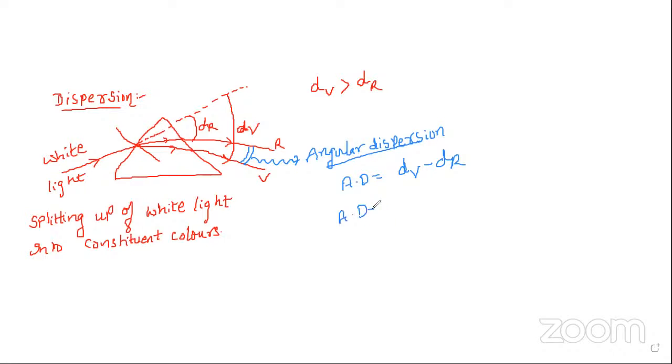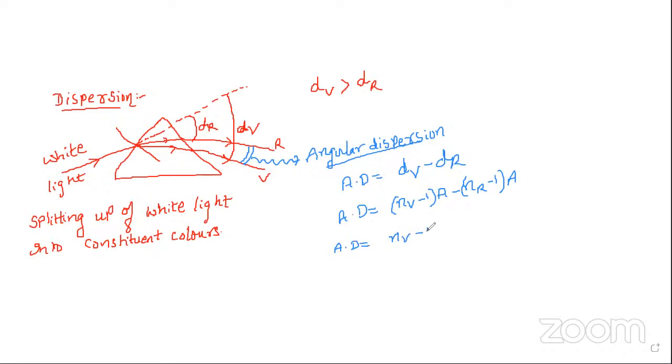What is the deviation for violet? (nV minus 1) into A. You know the deviation for a thin prism is given by (n minus 1) into A. What is the deviation for red color? (nR minus 1) into A. So what is the angular dispersion?